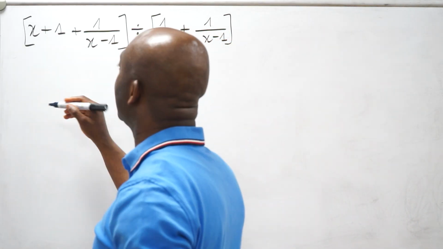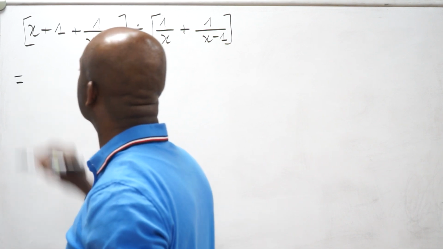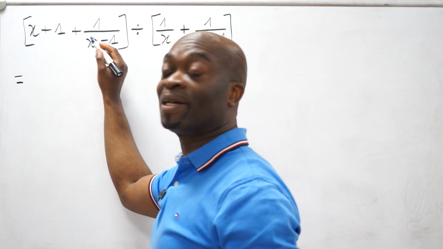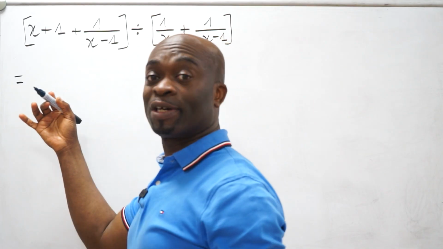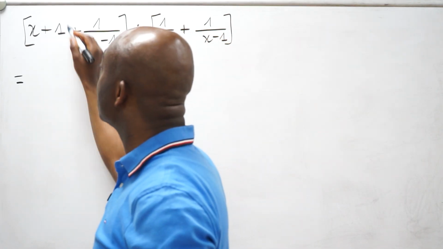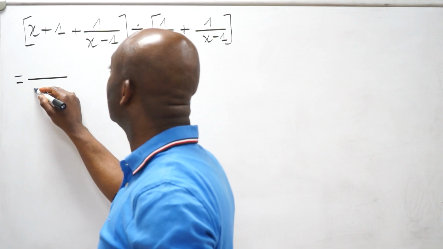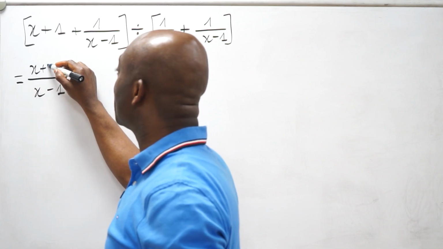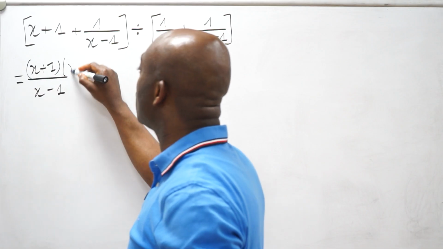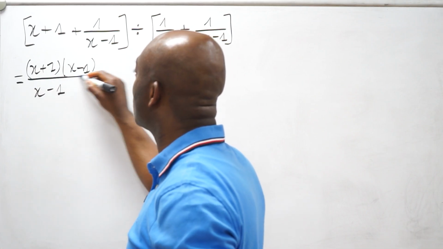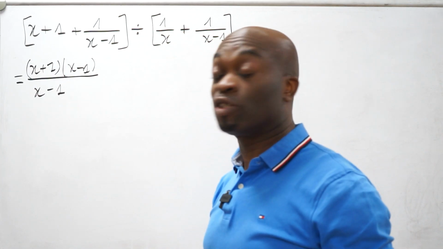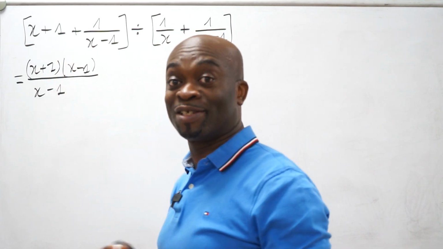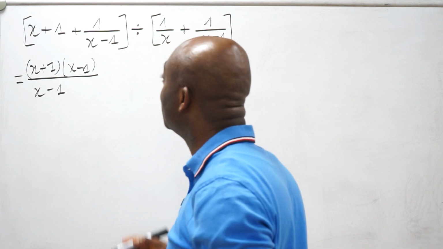So if we take the first one here, what's happening? We have to find the lowest common denominator, right? Which in this case is x - 1. So this one here has x - 1 at the bottom and x + 1 on the top, and you have to multiply the top also by x - 1, so that when you simplify, you end up with x + 1 as the original problem.